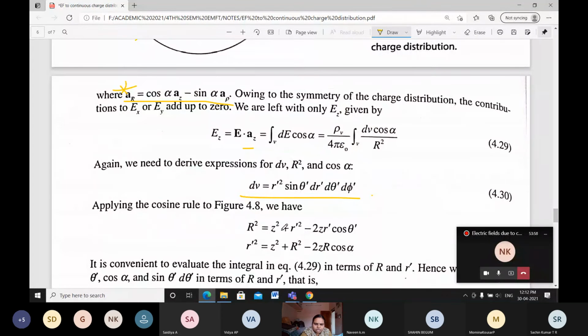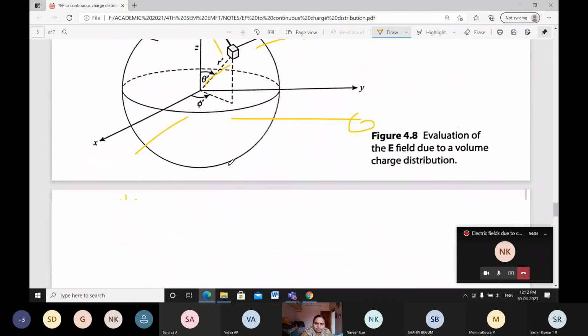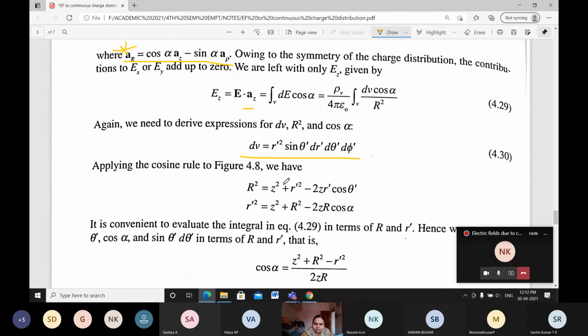Then, based on the cosine rule, r square is going to be z square plus r dash square minus 2 z r dash cos theta dash, and r dash square is going to be z square plus r square minus 2 z r cos theta.